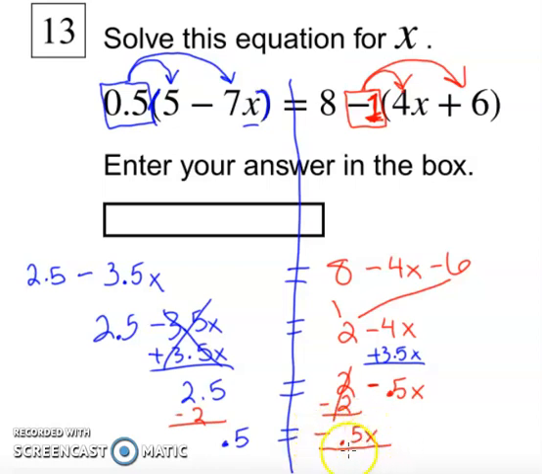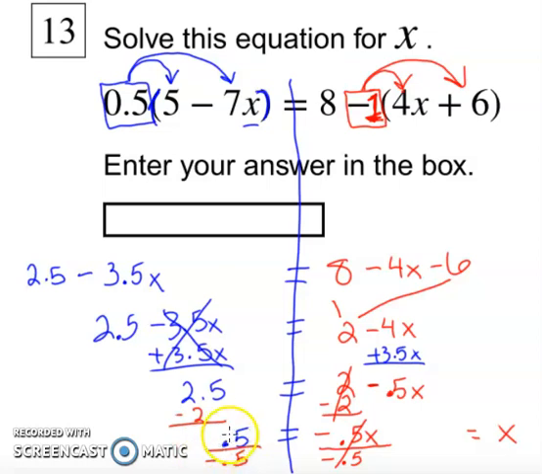Because I just want x to be by itself. So I'm going to divide by negative 0.5. And then that's going to take away the negative 0.5 here and just leave me with x on that side, okay? And then over here, since I divided by negative 0.5, I have to also divide by negative 0.5 on this side.